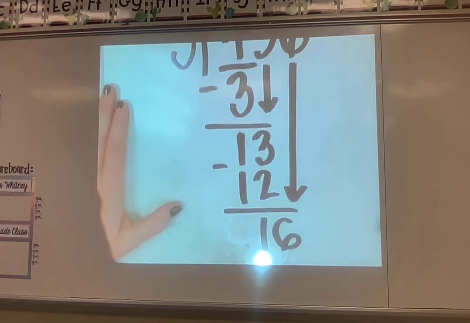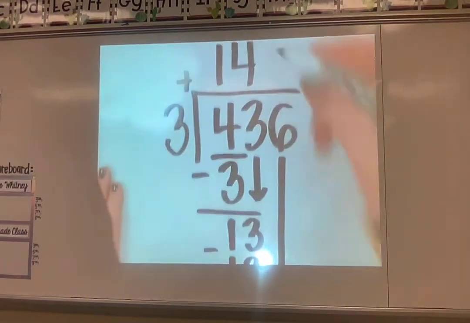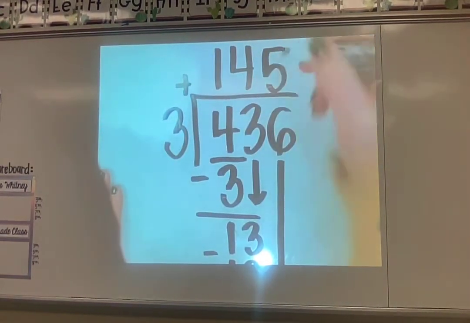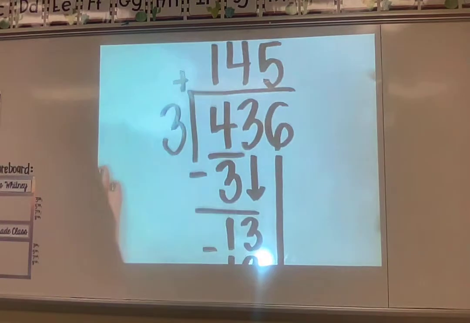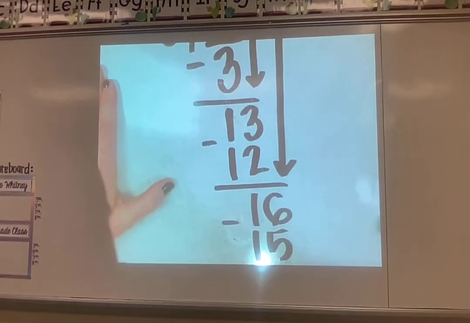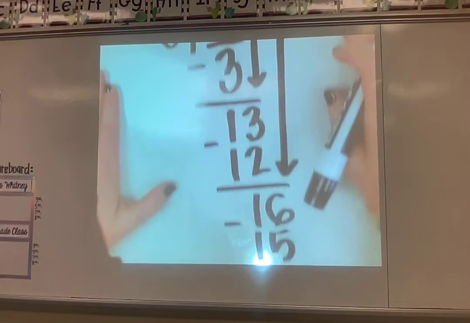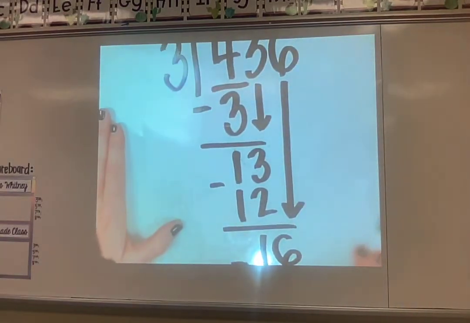So dangerous again. How many 3s will fit into 16? That would be a 5. Monkeys, 3 times 5 is 15. Swipe, I get a 1. Oops, hard for you to see. There you go. Bananas, but I don't have anything to bring down this time.